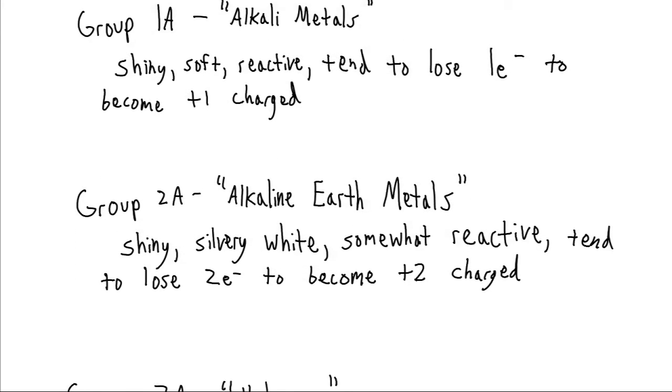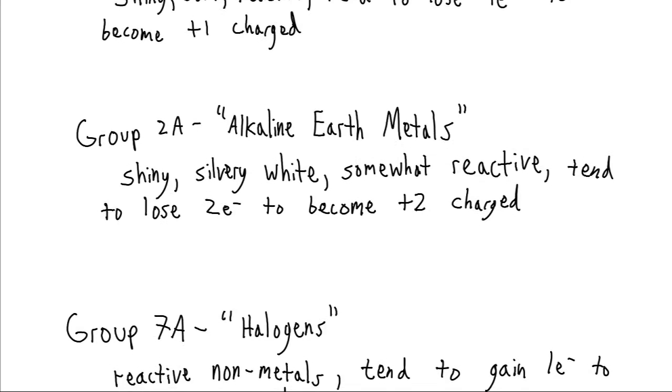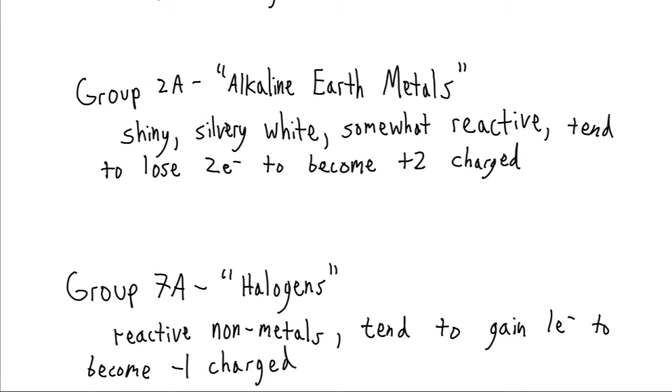Over on the far other side of the periodic table, one column before the column on the end, in group 7A, we have the halogens. So these are nonmetals, being on the other side of the periodic table. They're still very reactive, and instead of giving up electrons, they tend to gain electrons and become -1 charged.